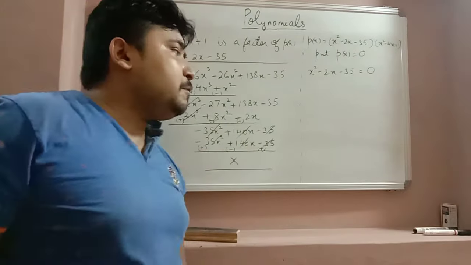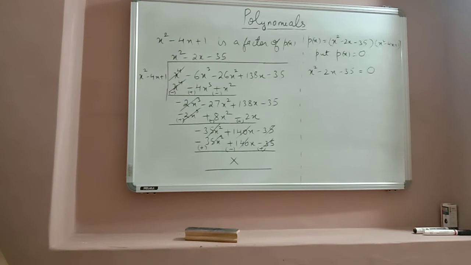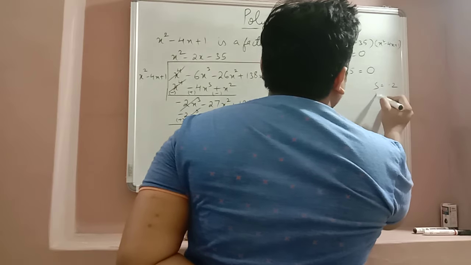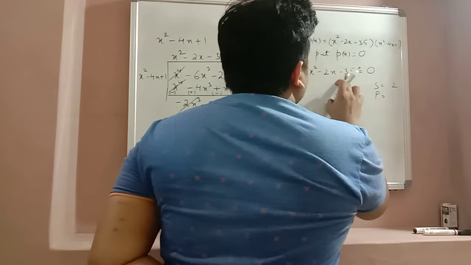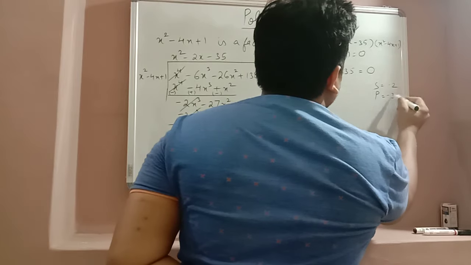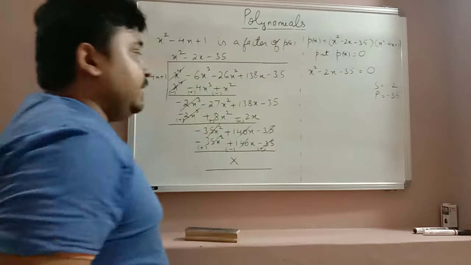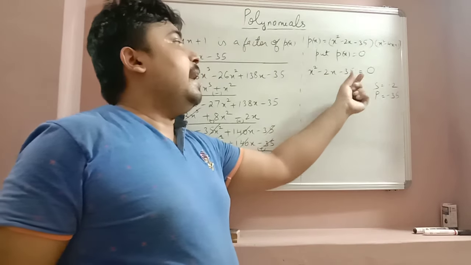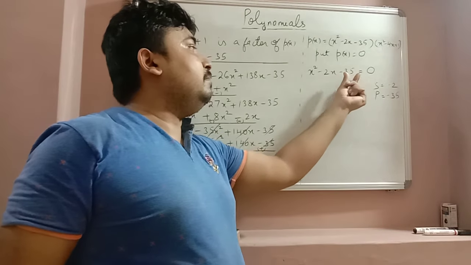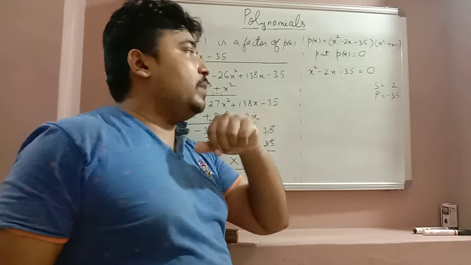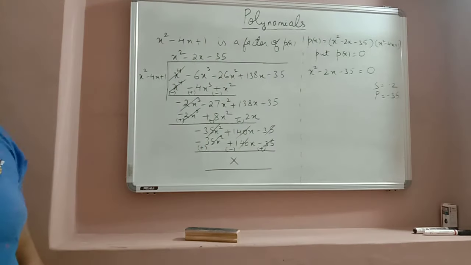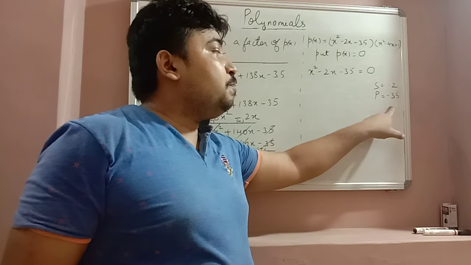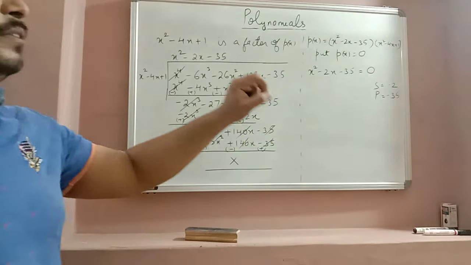Now we can apply splitting the middle term method here. So our sum is minus 2 and our product is minus 35 into 1, that is minus 35. As stated earlier also, the sum is always the coefficient of x and the product is the constant term multiplied by the coefficient of x square. Now again we need to think of two numbers whose sum is minus 2 and whose product is minus 35, and it's pretty simple.